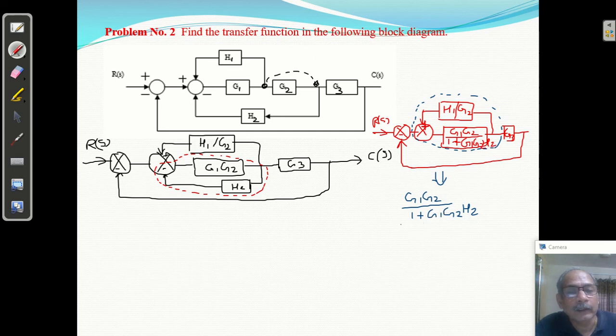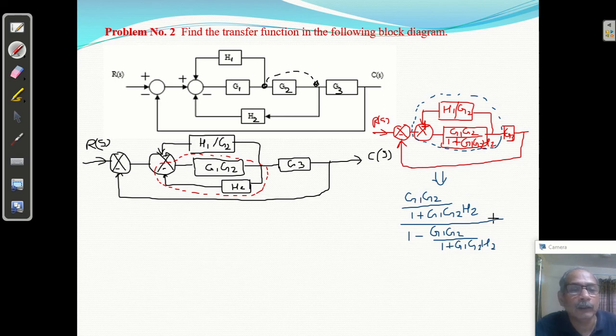GS upon what? 1. It is a positive feedback. Please see here, it is a positive feedback, so it is negative sign. GS upon 1 minus GS into HS is this.